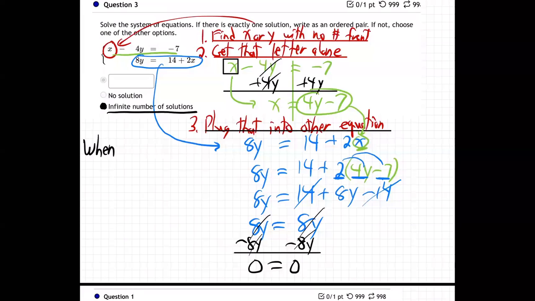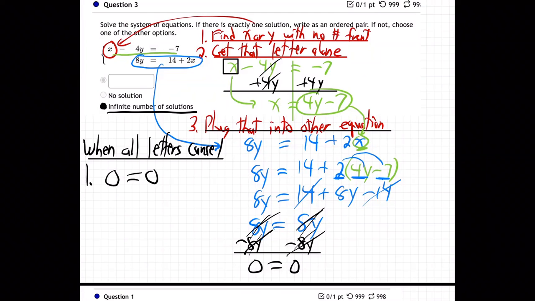When all the letters cancel, that's what just happened, right? All the letters cancel. Right here, 8y, 8y, they all cancel. When all the letters cancel, if you have 0 equals 0, that's always going to be infinite solutions.